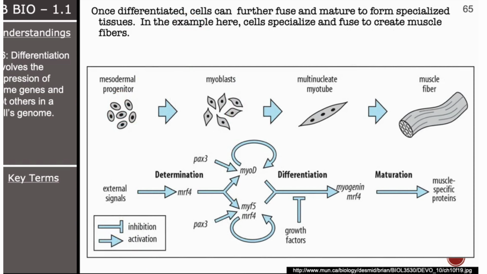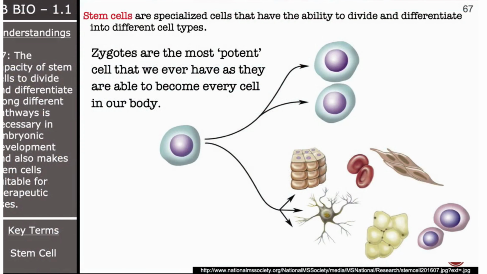Here, once differentiated, cells can further fuse and mature to form specialized tissue. In the example here, cells specialize and fuse to create muscle fibers or liver tissue or an organ system. So stem cells are cells that have the ability to divide and differentiate into different cell types.